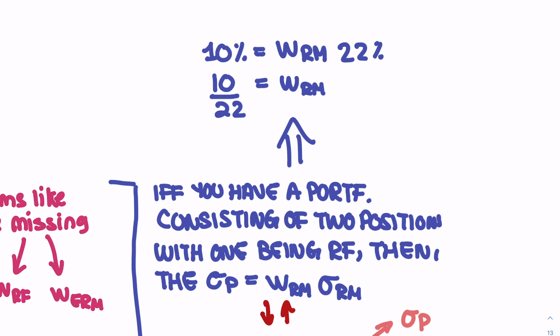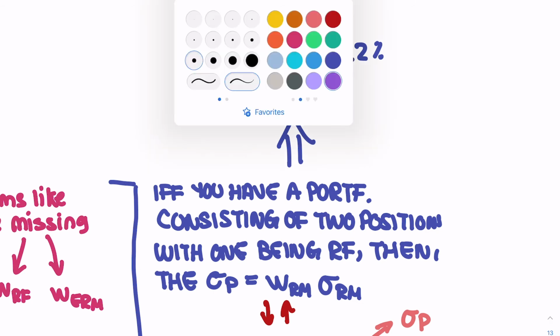You could also do it with your calculator: 0.1 divided by 0.22, and you still get 10/22. You could also write that down as 5/11. They all come down to being the same thing.